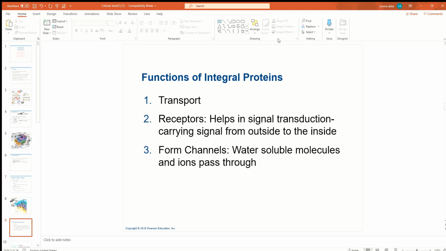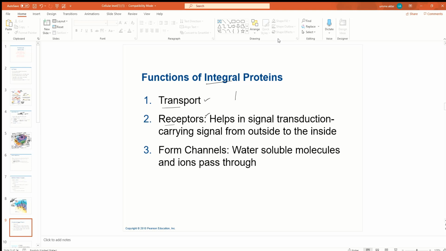Now, integral proteins in the cell membrane perform a few important functions: transport by acting as channels. Some integral proteins work as receptors.